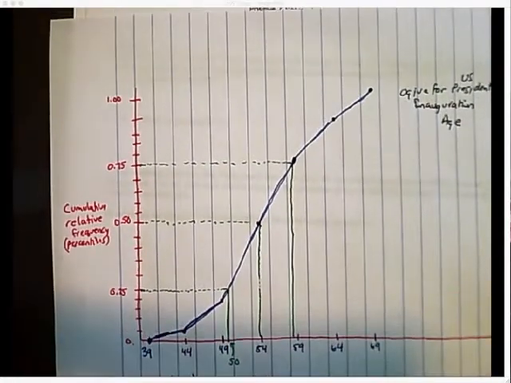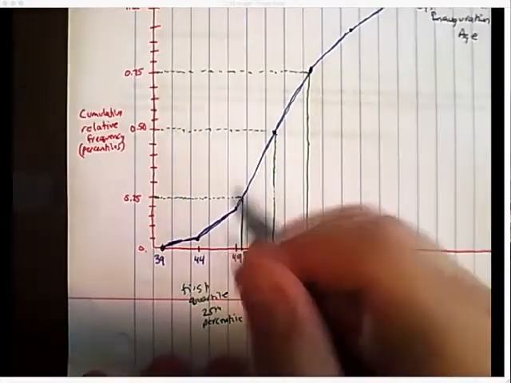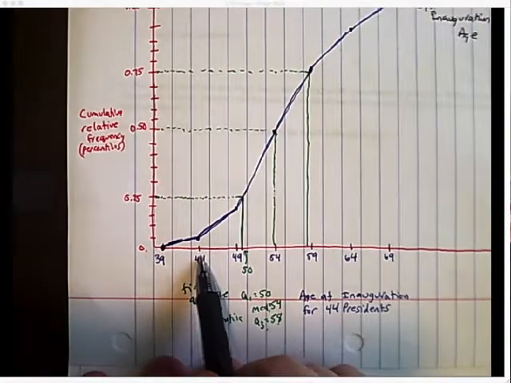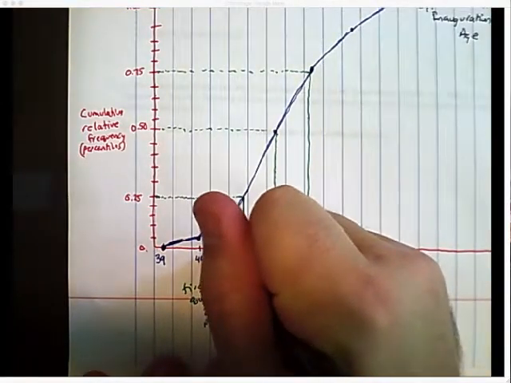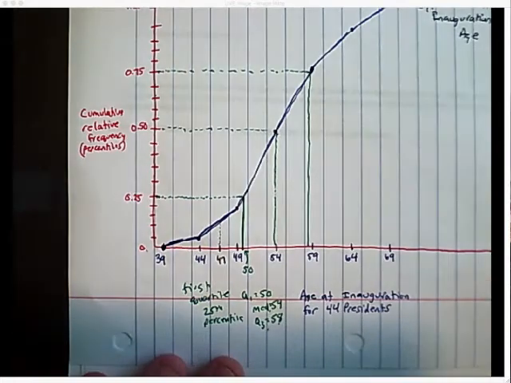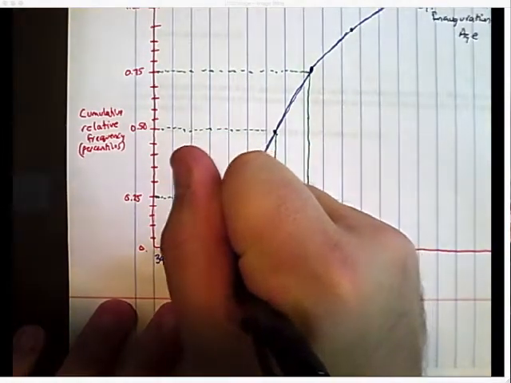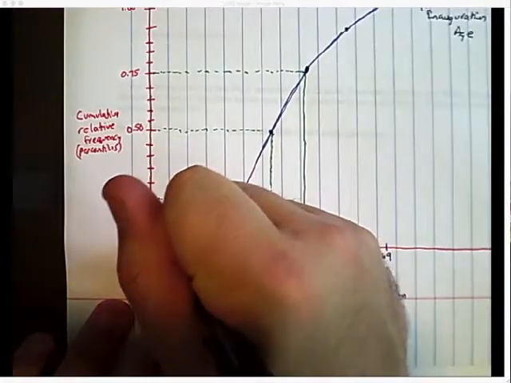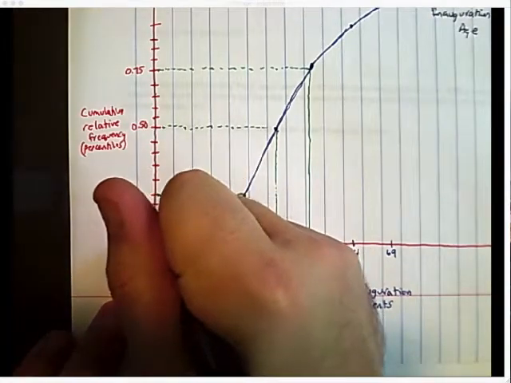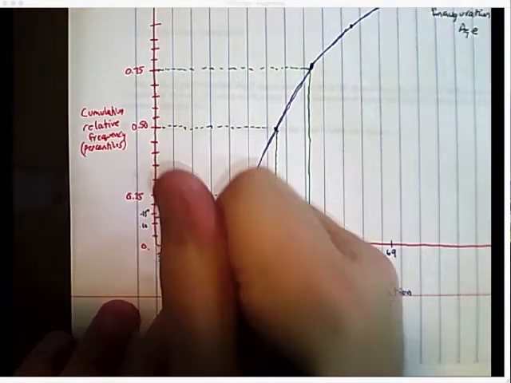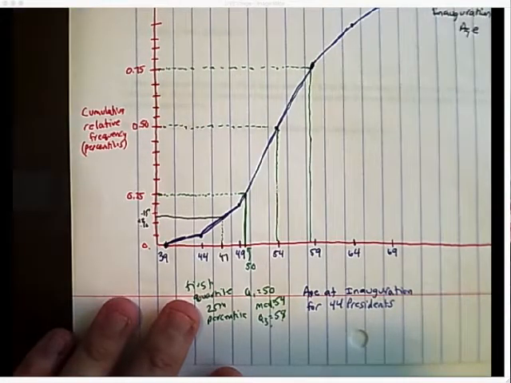He was 47. Where would 47 fit into this graph? If this is 44 and this is 49, 47 would fit right in between. If we take that up to where it hits the ogive and take it across, it looks like it hits somewhere between 0.10 and 0.15. So maybe about 12%. That is an estimate.